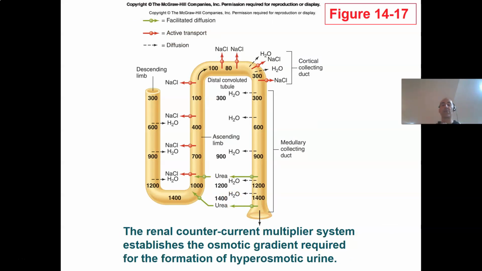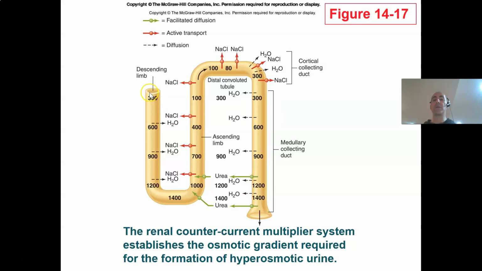Now, what is this countercurrent multiplier system? This is a nephron. The glomerulus and Bowman's capsule has been cut off. When we bulk filter all of the substances out of the blood from the glomeruli into the proximal tubule, we equally absorb water and solutes.